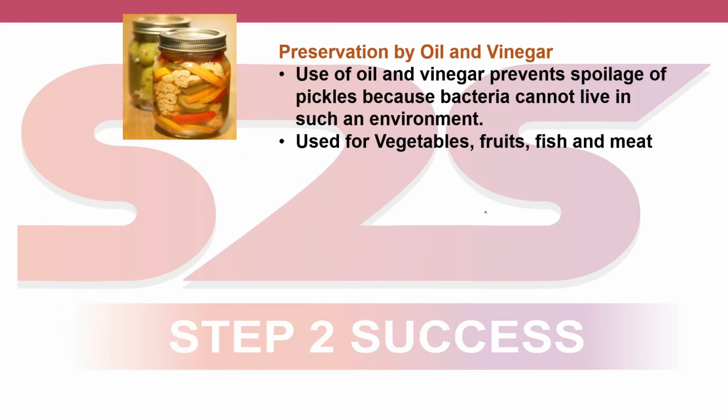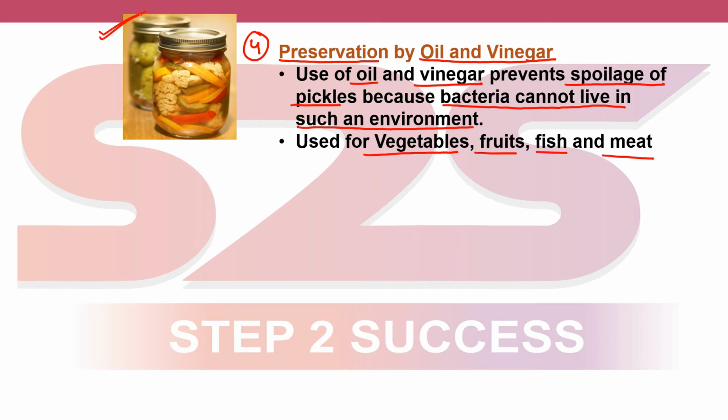Then we have preservation by oil and vinegar. This is the fourth one. Use of oil and vinegar prevents spoilage of pickles because bacteria cannot live in such an environment. It is used for vegetables, fruits, fish and meat.